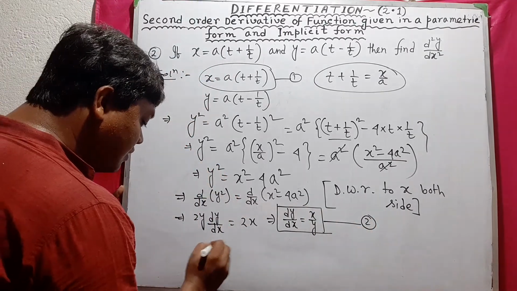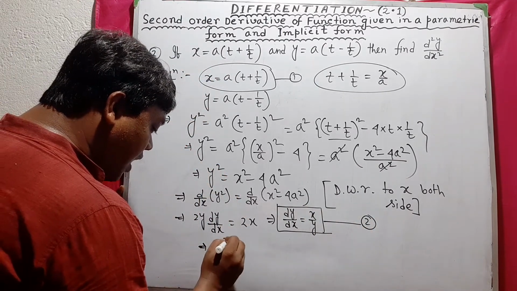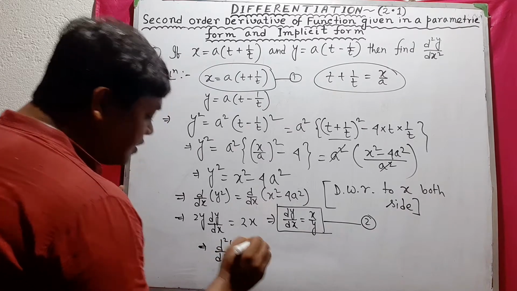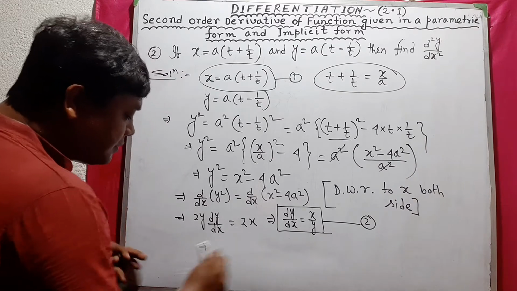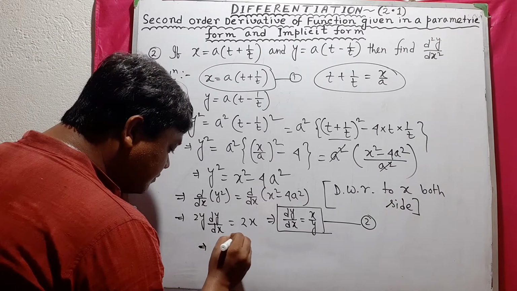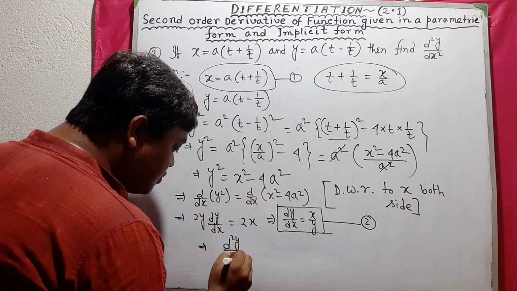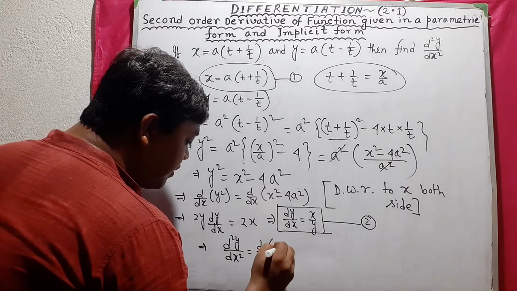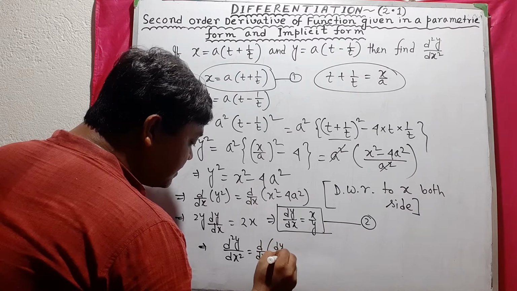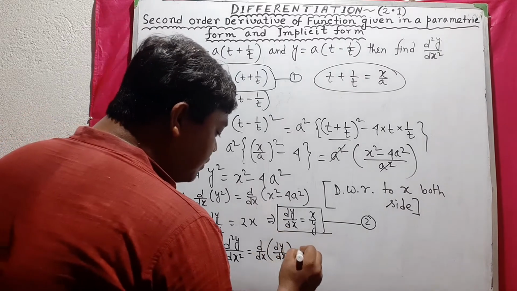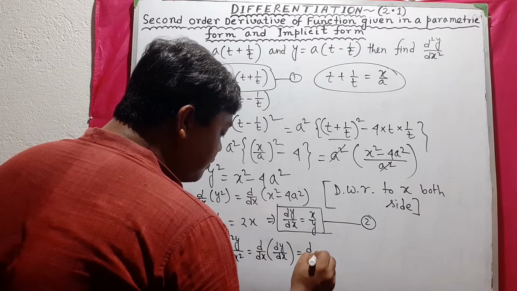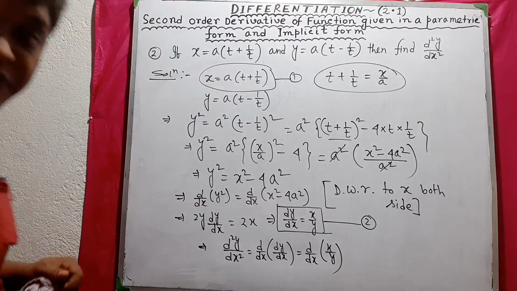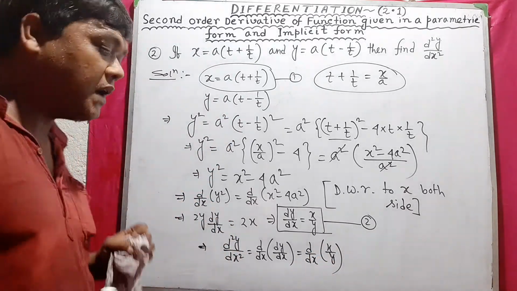So now d2y/dx2 equals d/dx of dy/dx. Now put d/dx of x by y. Now we use the formula for u by v.